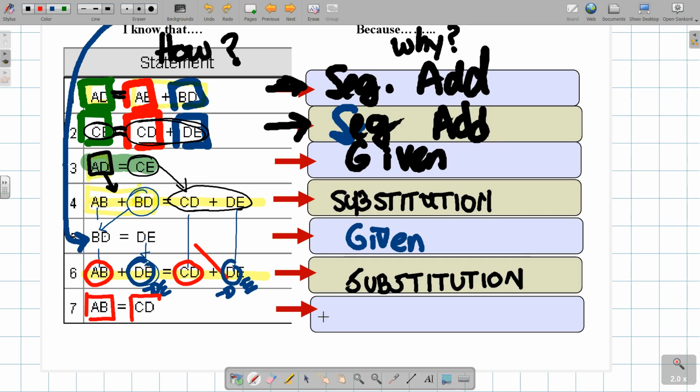And the way we got there was the subtraction property.